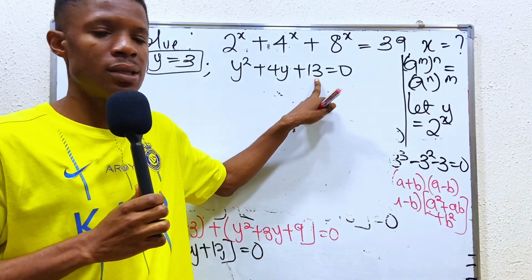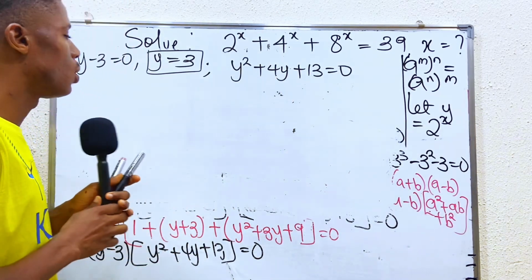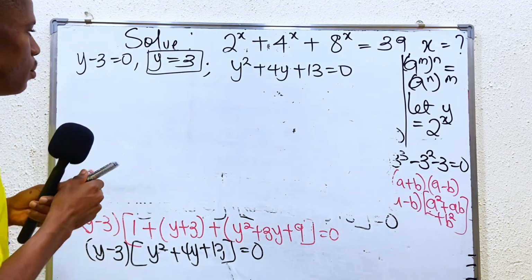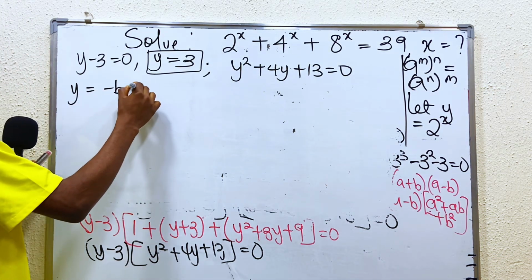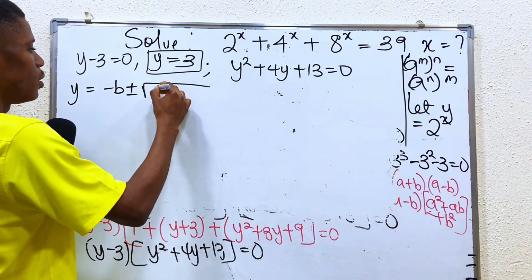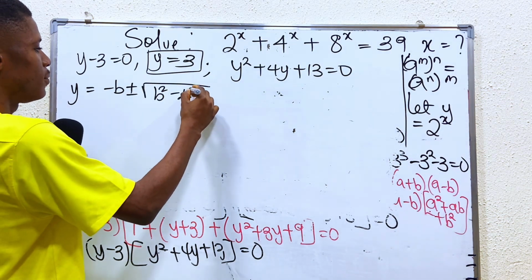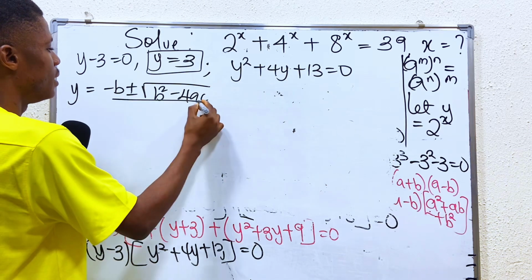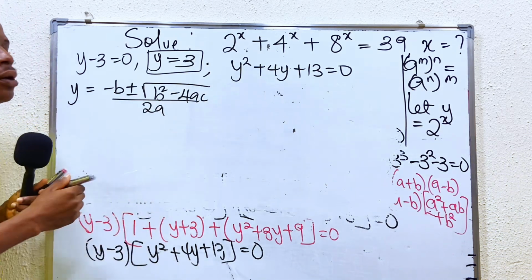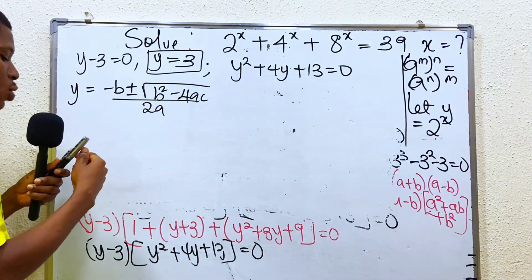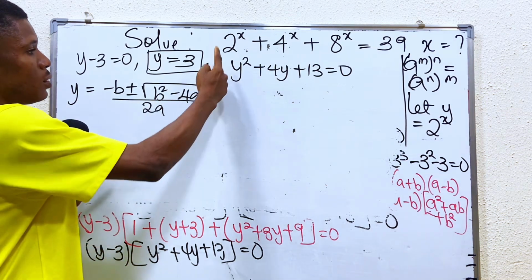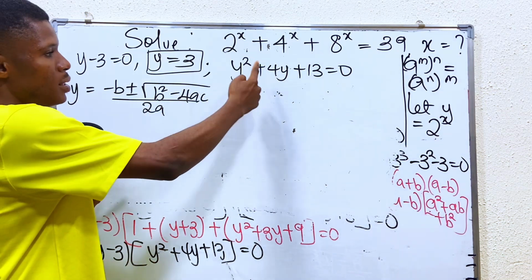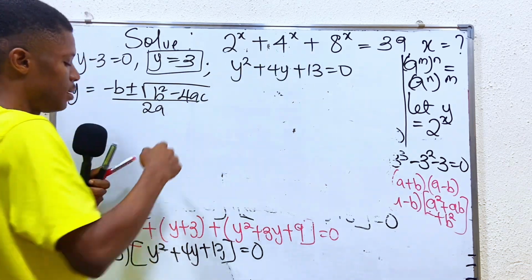This is a quadratic that is hard to factor, since we need numbers that multiply to get 13 but add to get 4. So we use the general quadratic formula which says that y will be equals to minus b plus or minus the square root of b squared minus 4ac, divided by 2a. Our a is the coefficient of the quadratic term, b is the middle term, and the last term is c.